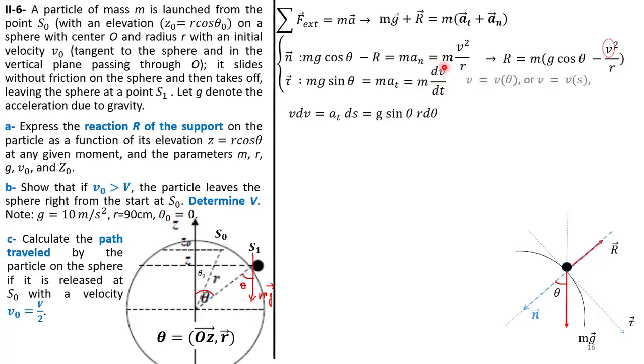So if we stop a few seconds on this equation, mg sine theta is equal to m at, we can notice that the tangential acceleration, is it equal to a constant? Or is it changing with some parameter?